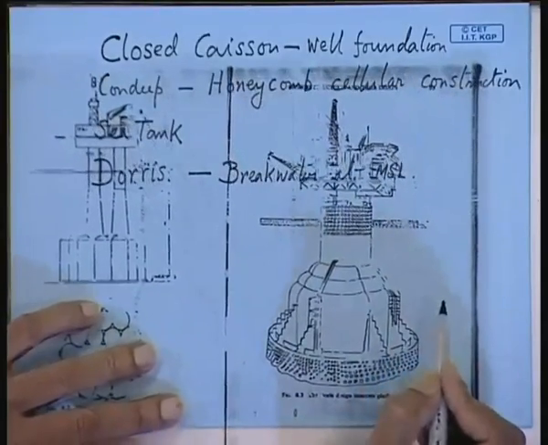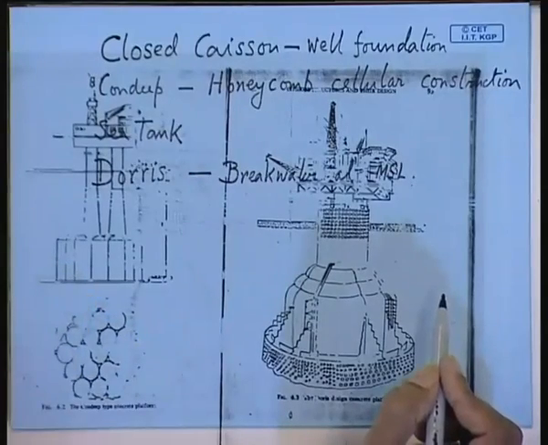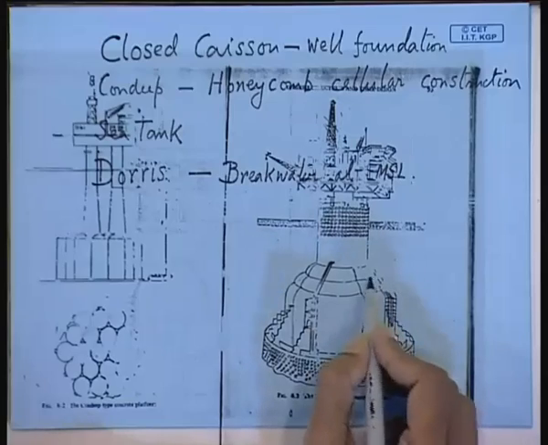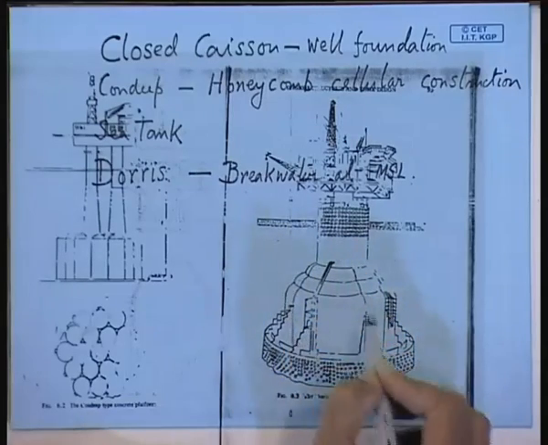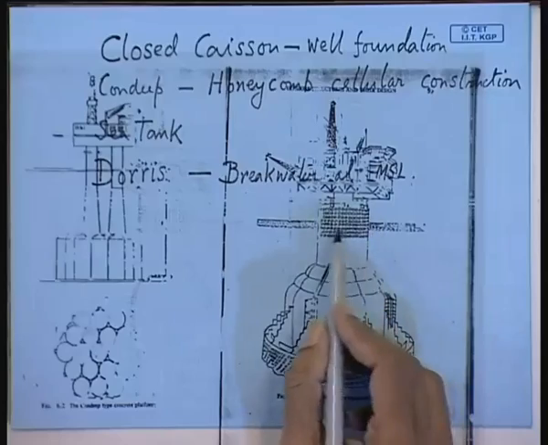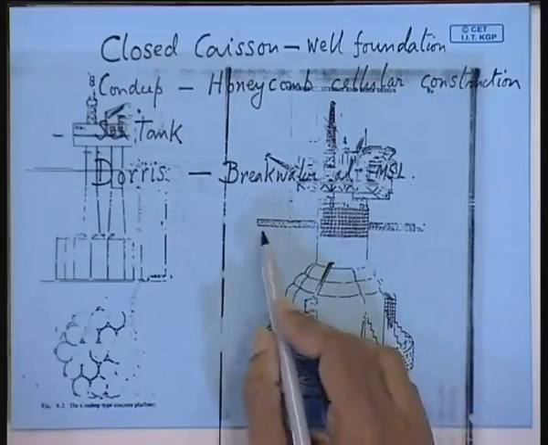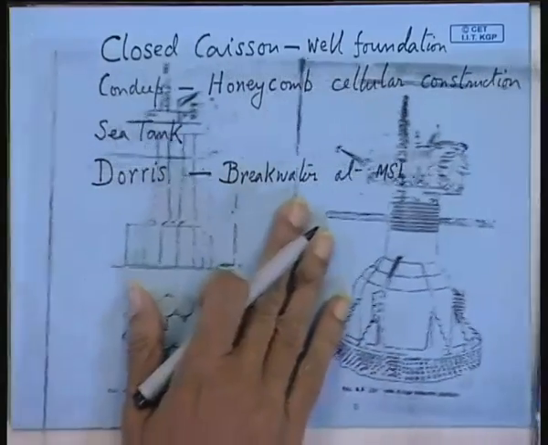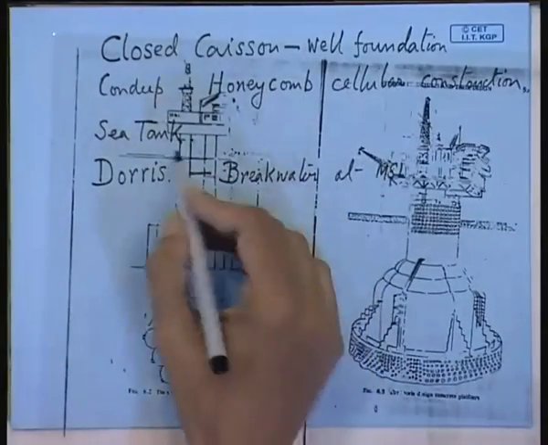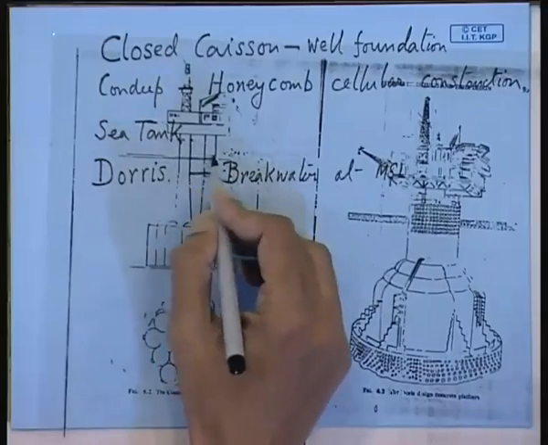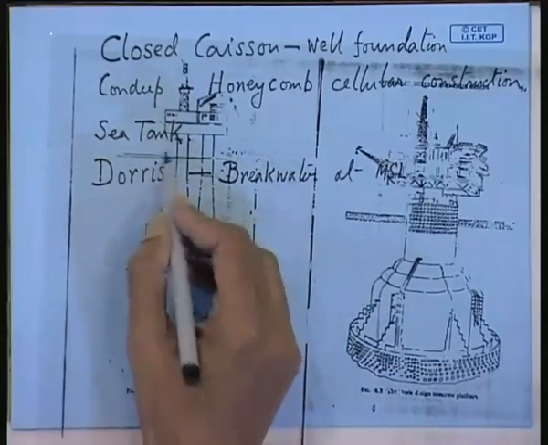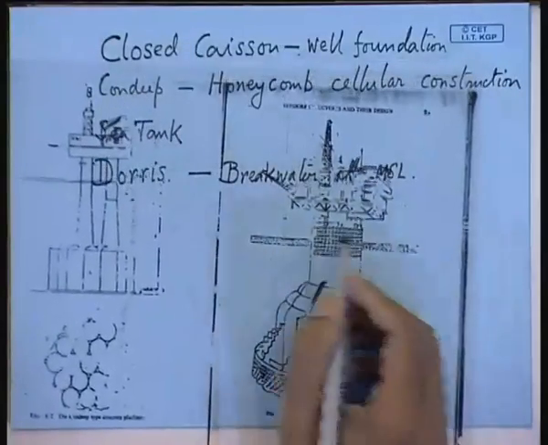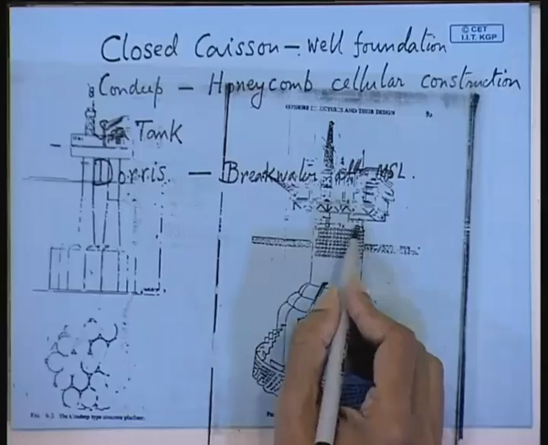So, the Doris design is also used for storage. You have oil storage out here, but essentially this design is used where you have large wave impact loads. Here the design is such that these columns are taking the majority of your wave impact, but you are somehow mitigating or reducing the wave impact by means of these breakwaters.